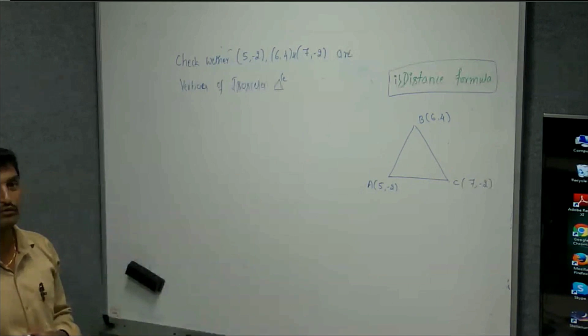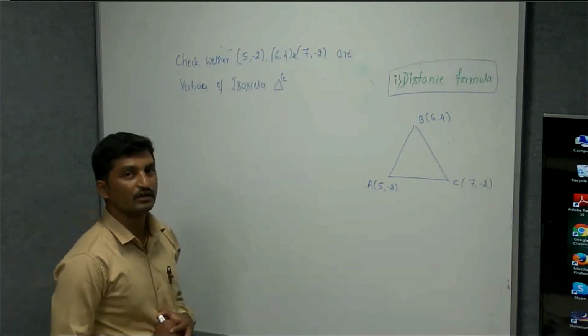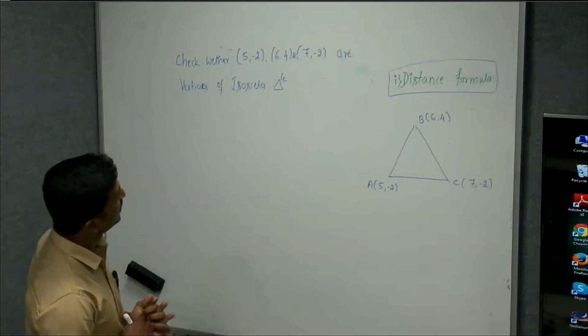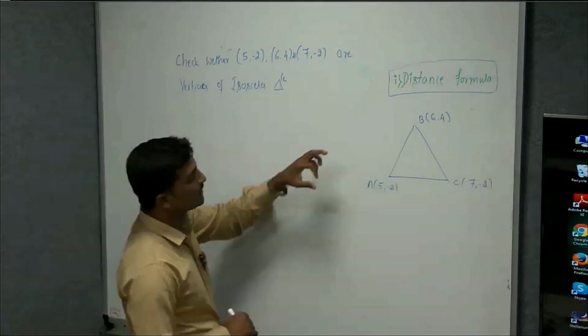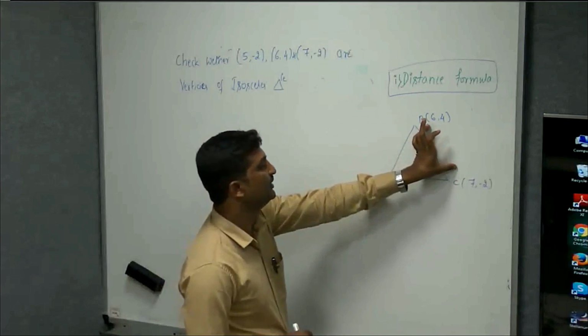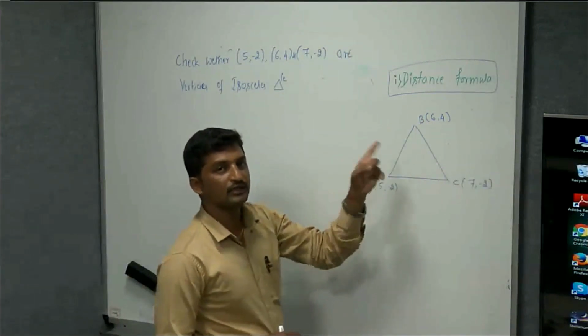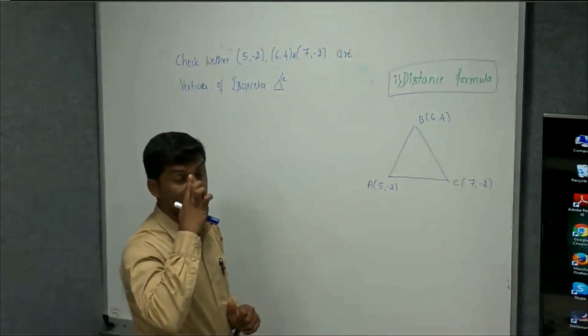Then how to check this one? Any idea? Yes, it's very simple. Find out the distance between AB, BC and AC. If any two sides are equal, then it is an isosceles triangle.